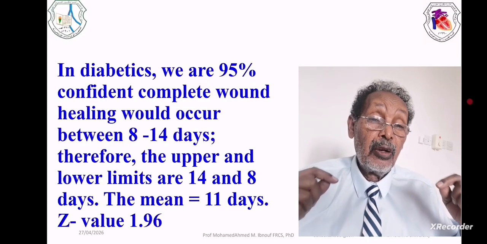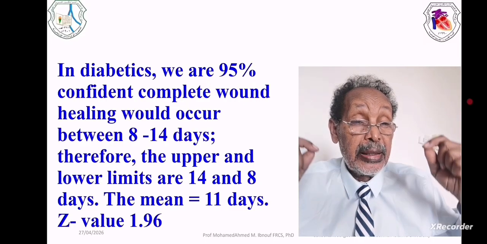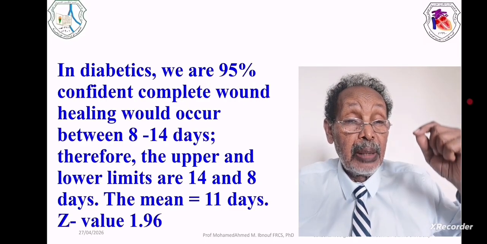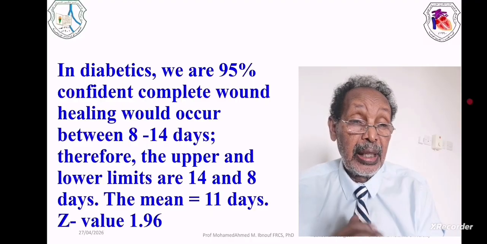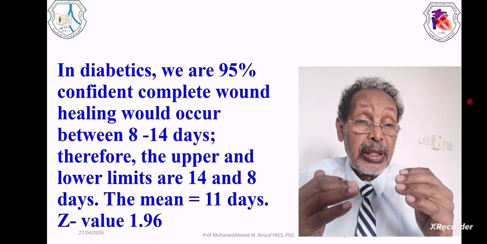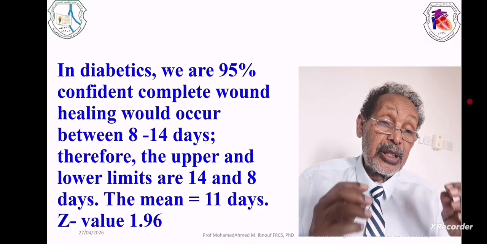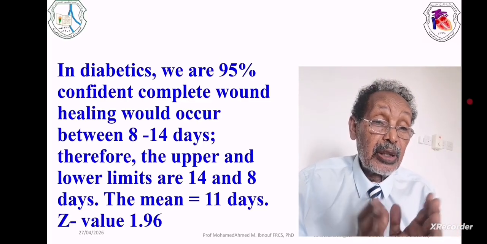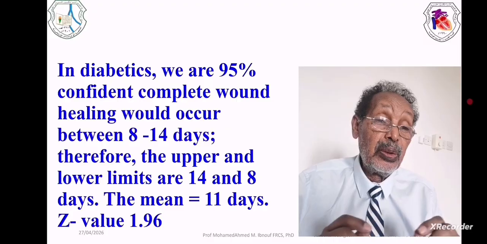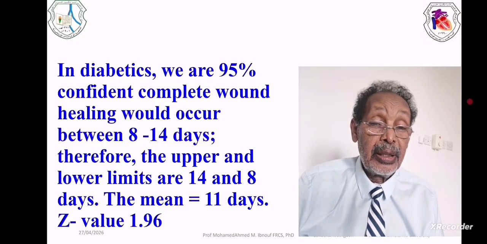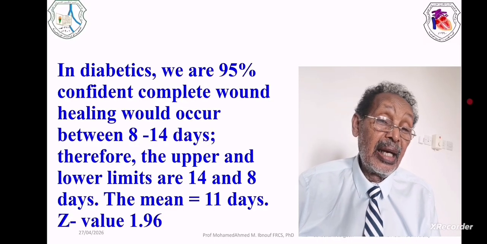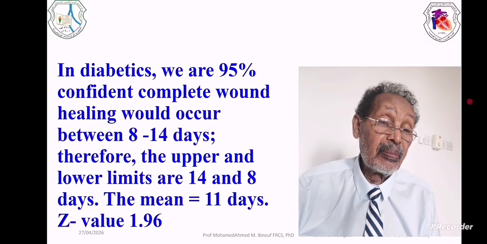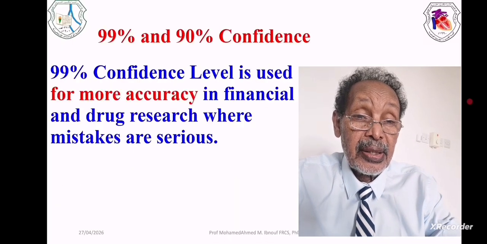If we move from 95% to 99%, it will become bigger, more than 1.96. And if we come down from 95% confidence to only 90% confidence, the Z value will become smaller, less than 1.96. Let us see this.